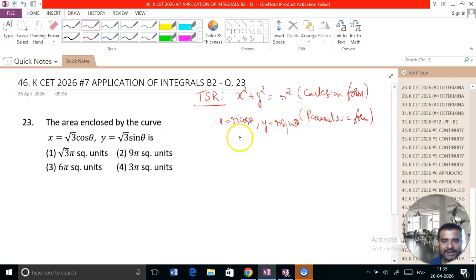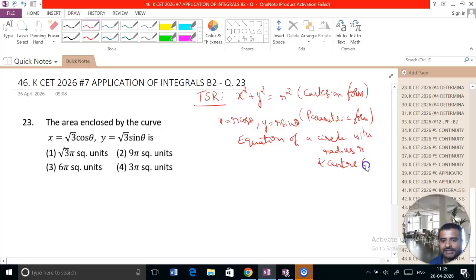So this is nothing but the equation of a circle with radius r and center at the origin, that is 0 comma 0. When I look at the question, x is equal to root 3 cos theta, y is equal to root 3 sin theta. This is the equation of a circle with radius r, where r is equal to root 3.